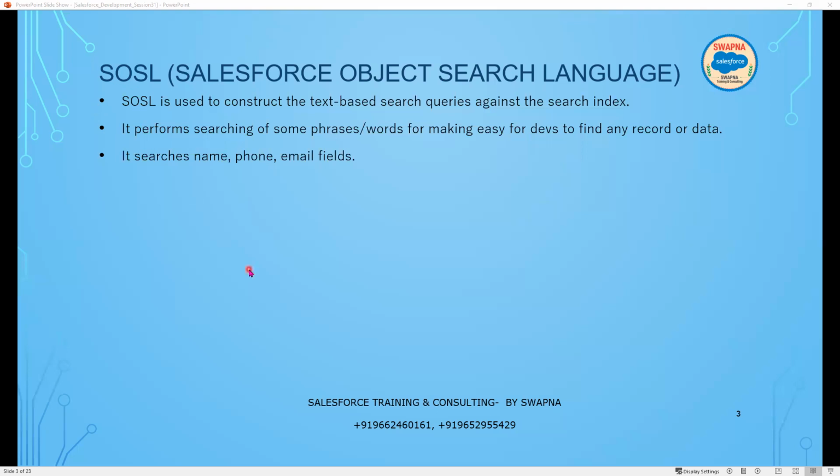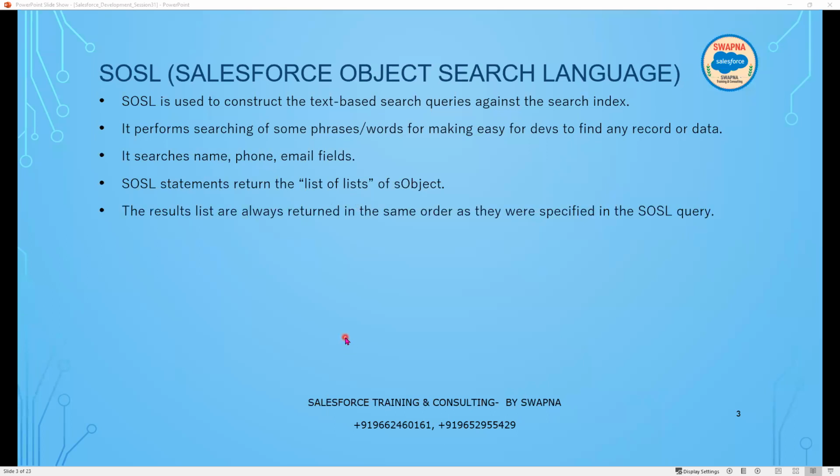So SOSL statement returns the list of lists. SOSL statement returns the list of the sObject. The result lists are always returned in the same order as they were specified in the SOSL. That means whatever the order you specify.